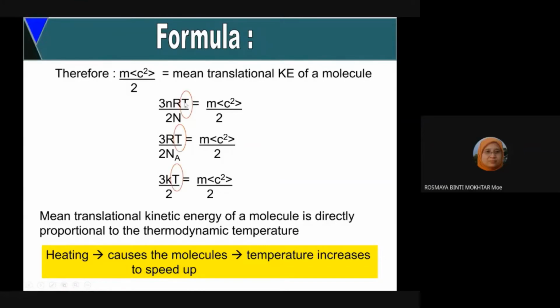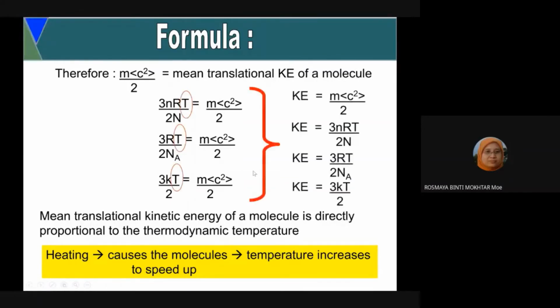Here we have T, and this is the kinetic energy, so the kinetic energy is directly proportional to the temperature T. That means when we do the heating process, it will cause the molecules to speed up, and therefore the temperature increases. So we have proven how the temperature relates with kinetic energy.